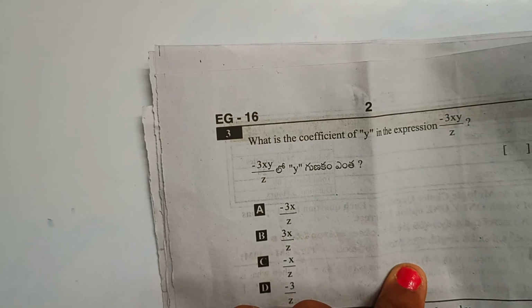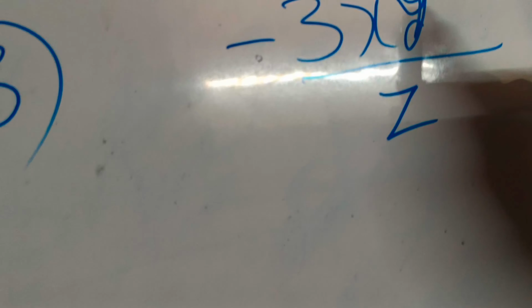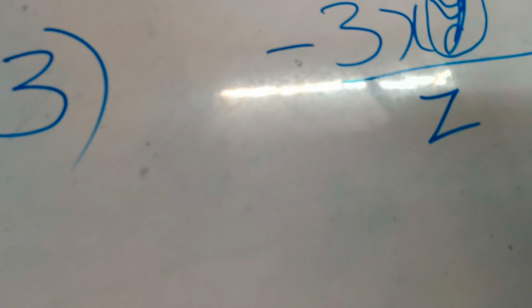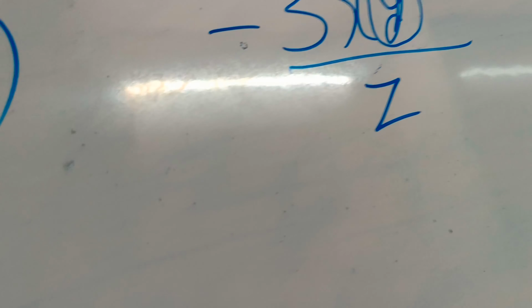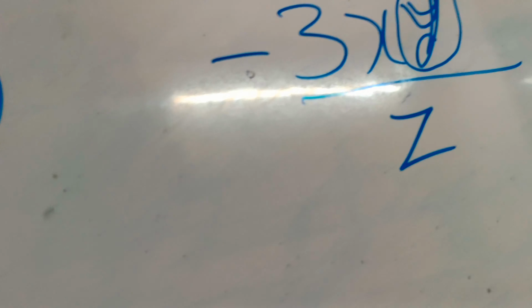I read the third sum. What is the coefficient of y in the expression minus 3xy by z? This is the sum. Asking the coefficient of y. If any number is before the variable, it is called the coefficient. The y coefficient is minus 3x by z.